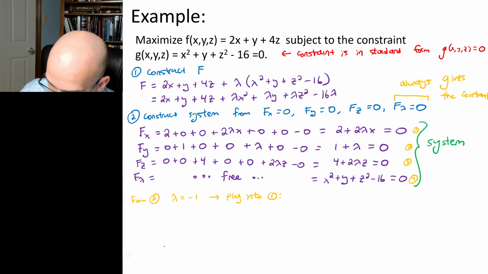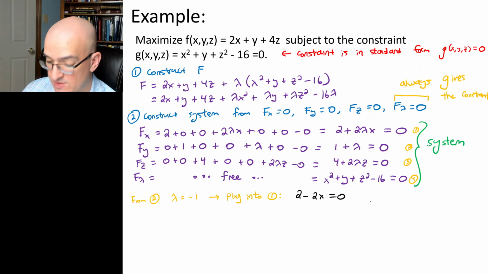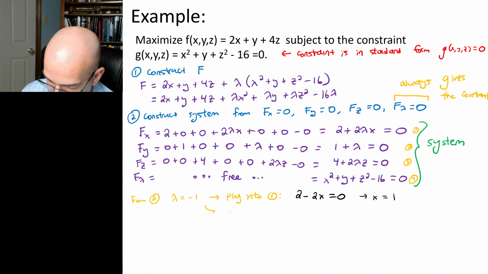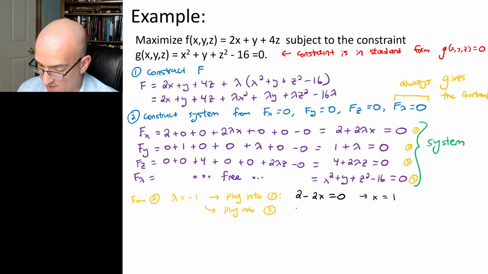That tells us that 2 minus 2x is equal to 0, and that tells us that x is 1. We can also plug that into the third equation. We get 4 minus 2z is equal to 0, and that means z is equal to 2.